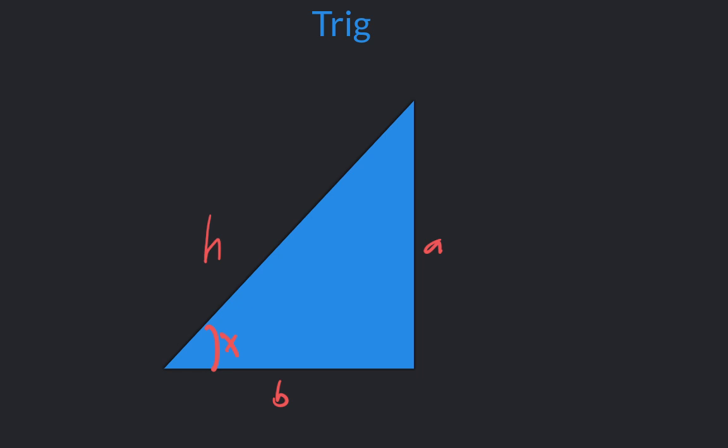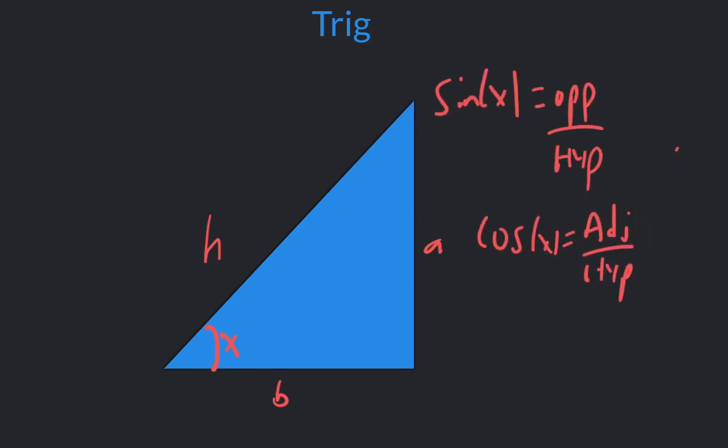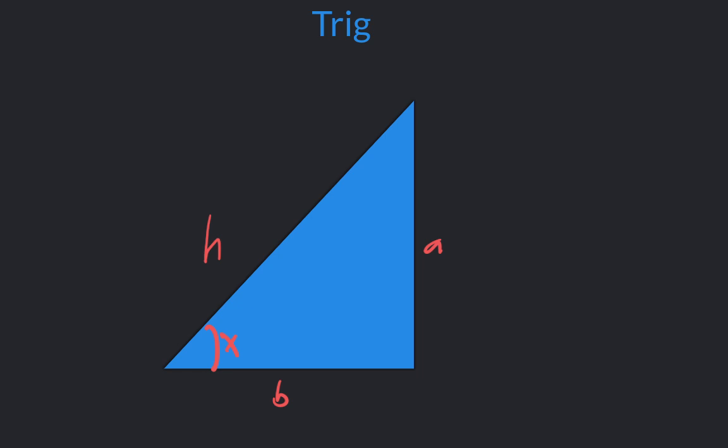I explained that sine of x is the opposite over the hypotenuse, and cosine of x is the adjacent over the hypotenuse. I want to explain how, if we change the angle, those also change.